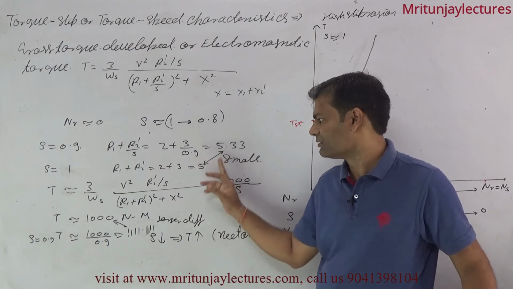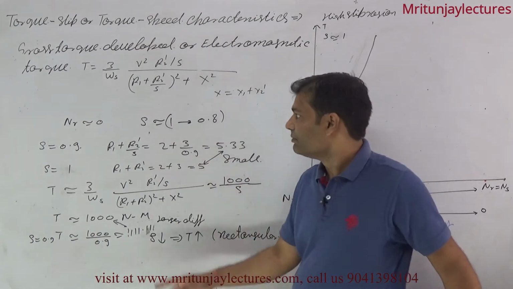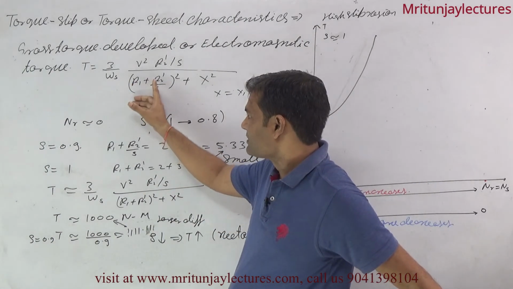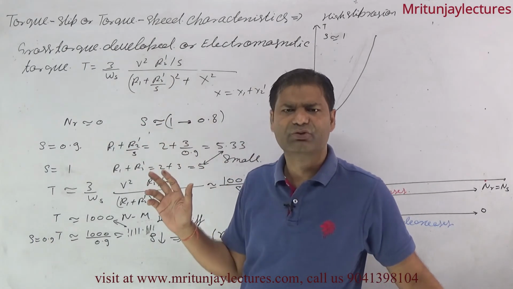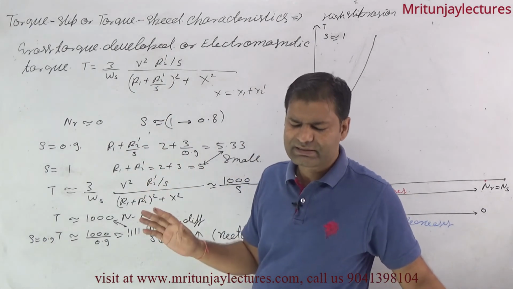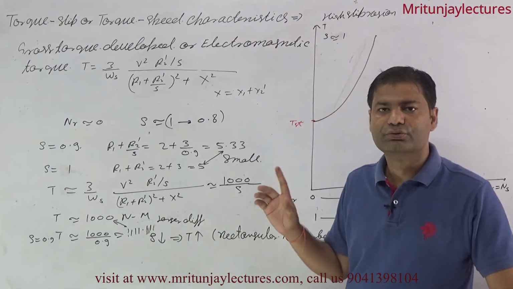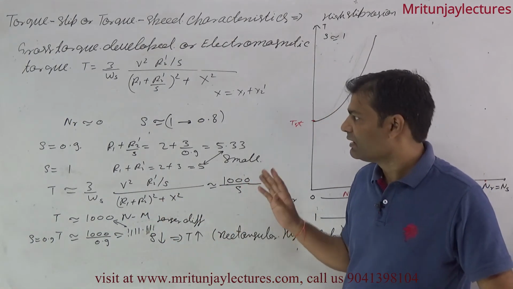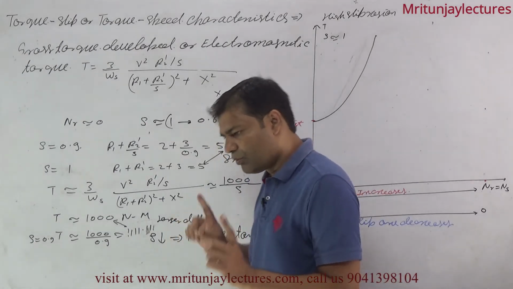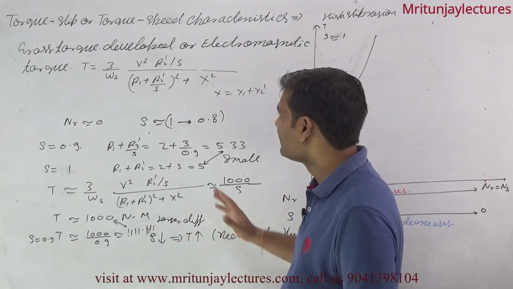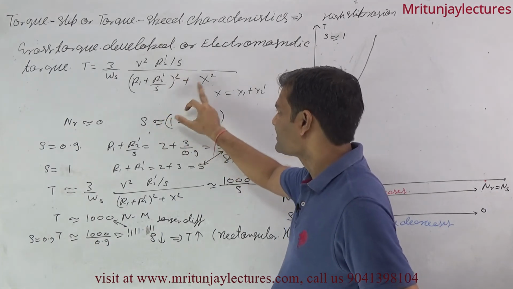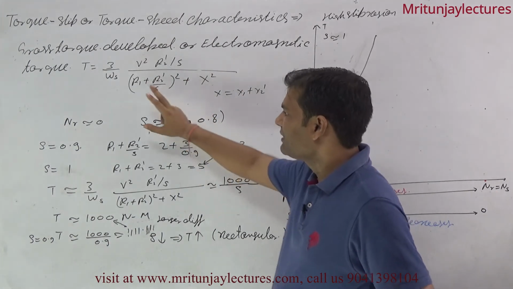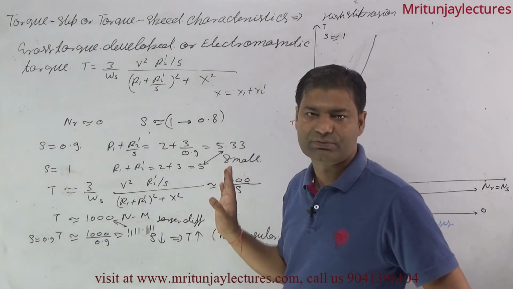That's why we have considered R1 plus R2 dash by s for s in between 1 to 0.9 or 0.8, and we have considered R1 plus R2 dash by s the whole square plus X square like R1 plus R2 dash the whole square. Okay, clear?